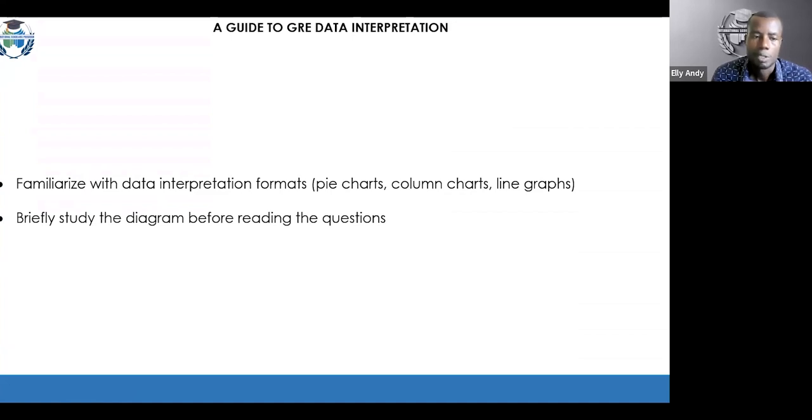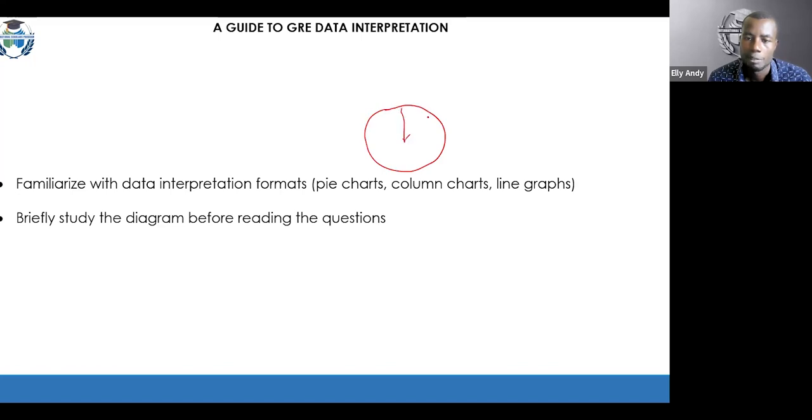The first thing, of course, is to get familiar with the different formats of data interpretation. Pie charts, column charts, line graphs, for example, are some of the most common data interpretation formats in the GRE. So you need to know how to read them. For example, when you are given a pie chart, maybe a rough, simple example will help.